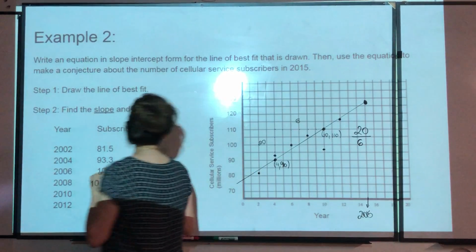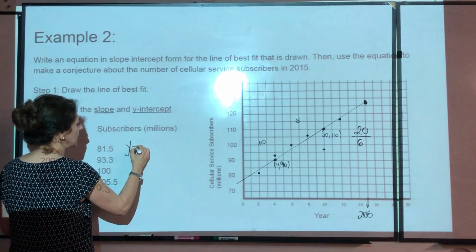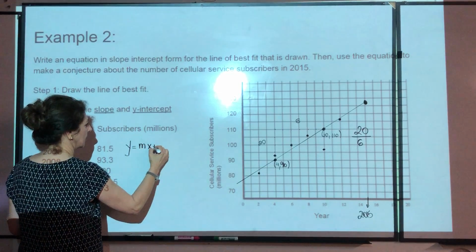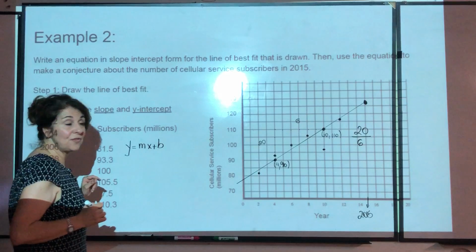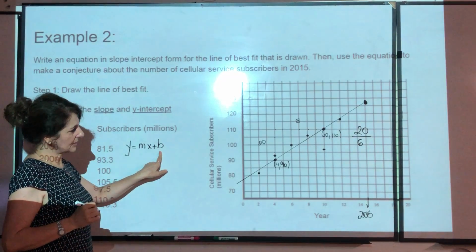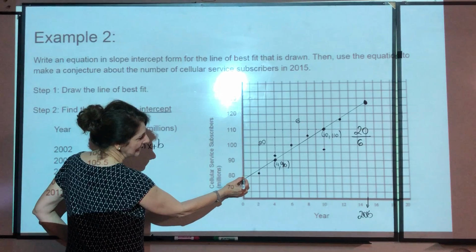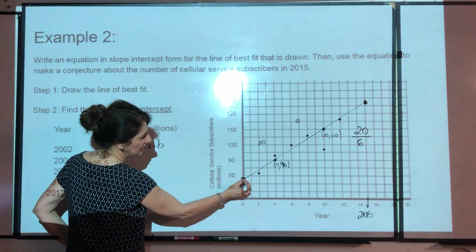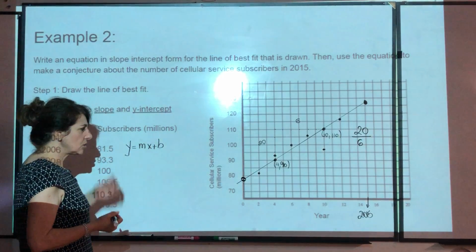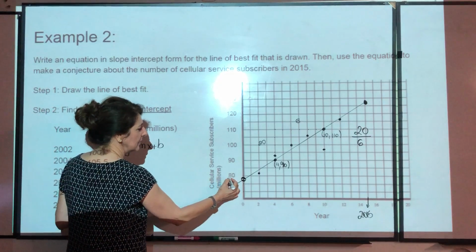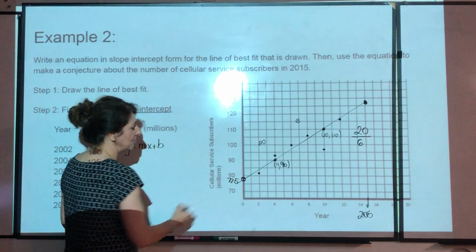So how do I write my equation? I still need to find what? Where it crosses the line. So see, this is 70, 75, and this is 80. So it's kind of like in the middle. So I could say this is probably 77.5 million.